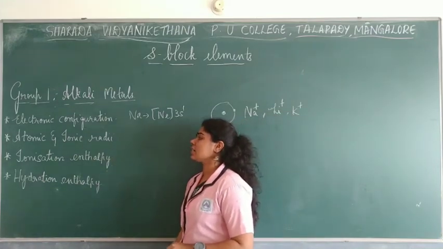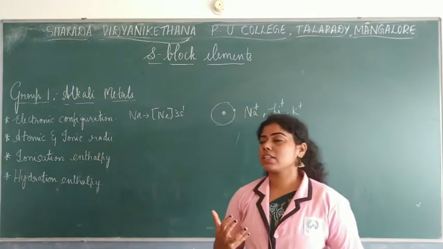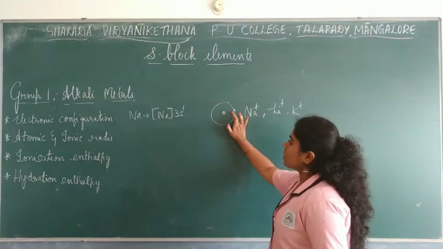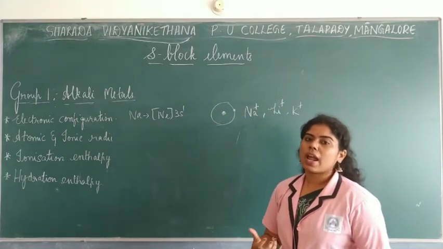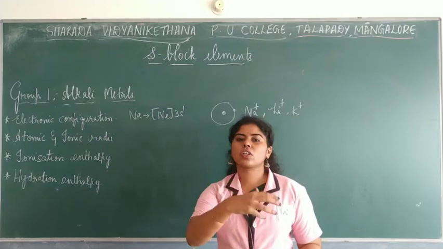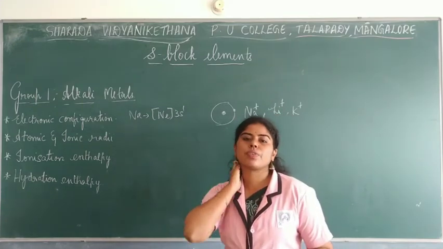The second one is atomic and ionic radii. As I said, atomic radius is the distance from the nucleus to the outermost shell. Radii, in the sense, is half of the distance between the two atoms.